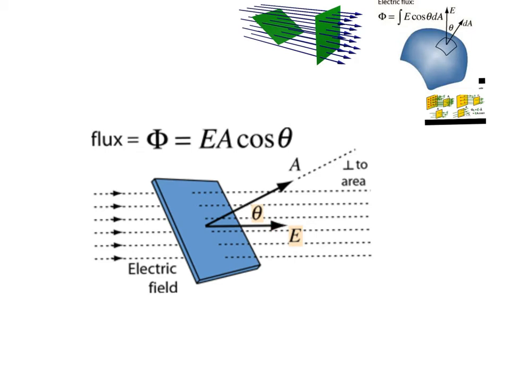We can get the flux by this simple equation. 3 things determine the flux: the E, the A, and the theta. And it's easy to see how those 3 things are the important factors. It's totally logical physically that these 3 factors would determine the flux.